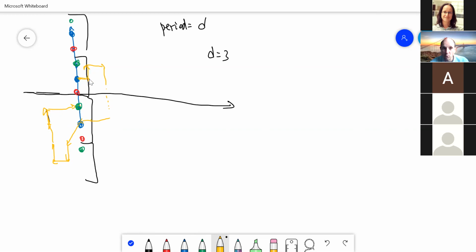The probability to jump to the right from this blue point equals the probability from this blue point to the right. But from a green point, this probability may be different.